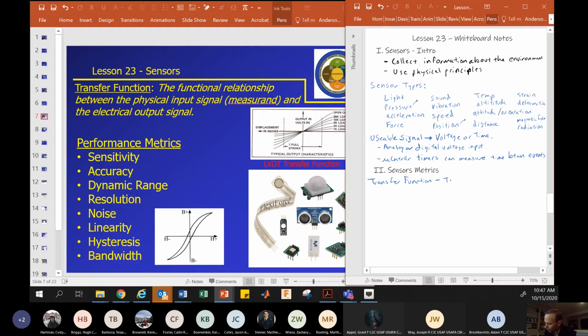So the transfer function is the functional relationship between the physical input and electrical output signal.